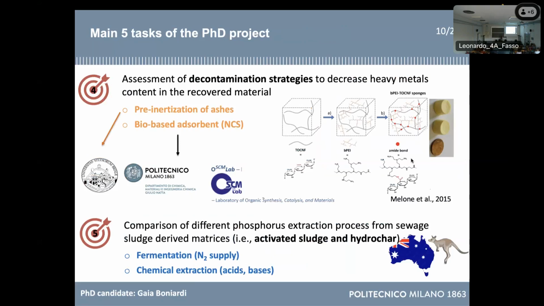And I tried to extract phosphorus from the activated sludge using two methods. The first was fermentation, so we provide nitrogen in order to have anaerobic conditions and try to release phosphorus from the sludge. The second one was a chemical extraction. So again, I used both acids and bases to release phosphorus in solution.